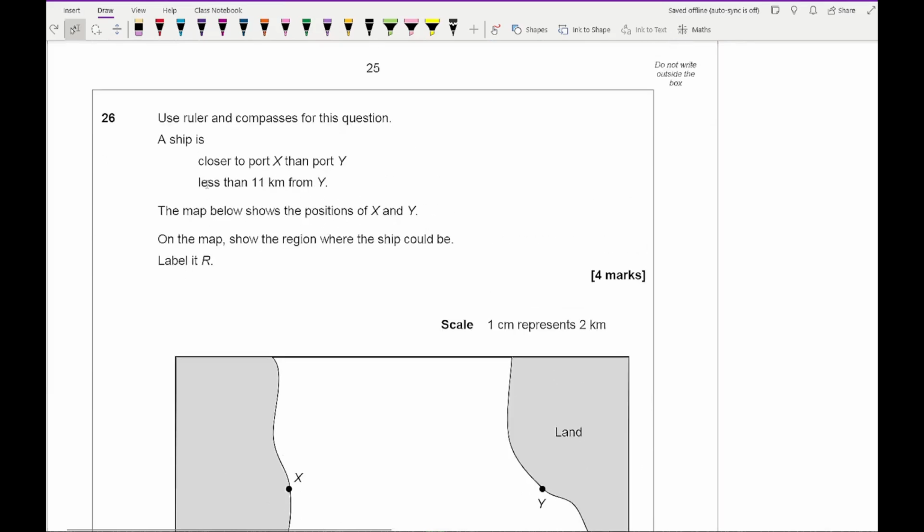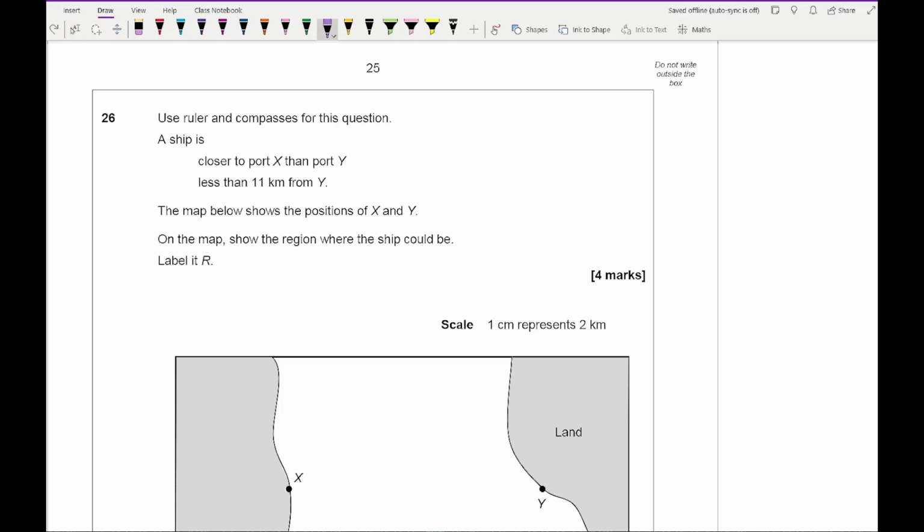Then moving on to question 26, it says use a ruler and a compass for this question. A ship is closer to port X than port Y and less than 11 kilometers from Y. The map shows the positions of X and Y. Show the region where the ship could be.